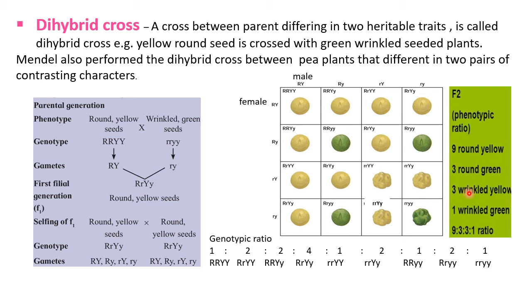Then wrinkled yellow are in the ratio of 3, and one is wrinkled green in the ratio of 1. So this is the phenotypic ratio, that is 9 as to 3 as to 3 as to 1. So it is called the phenotypic dihybrid ratio. So in this way we have studied the dihybrid cross.